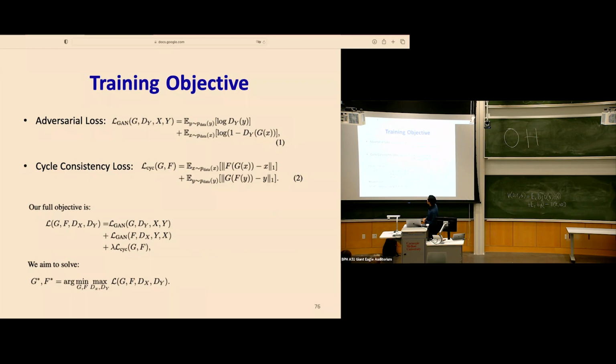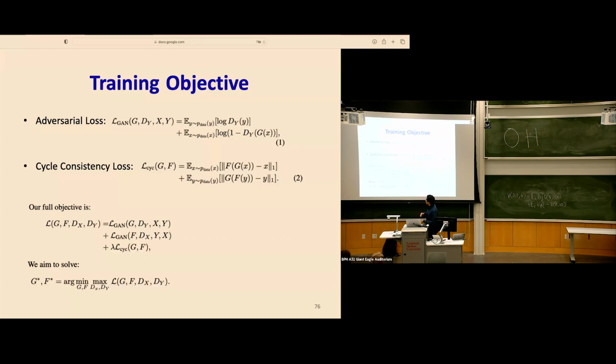All right, so again, back to the equations. Every neural network has a training objective, and this is how we define the loss in this case. So we have an adversarial loss and a cycle consistency loss. You guys are familiar with the adversarial loss, but the idea is that it is used for matching the distribution of generated images to the data distribution in the target domain, and the cycle consistency loss prevents the learned mappings G and F from contradicting each other.